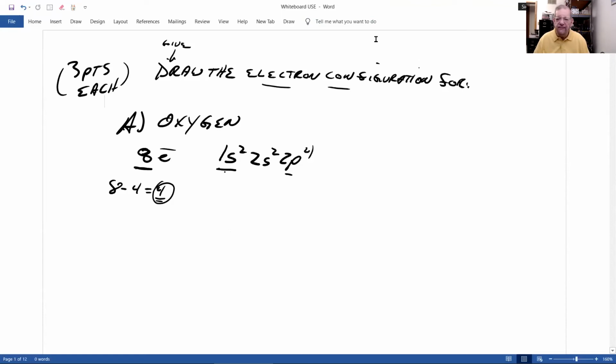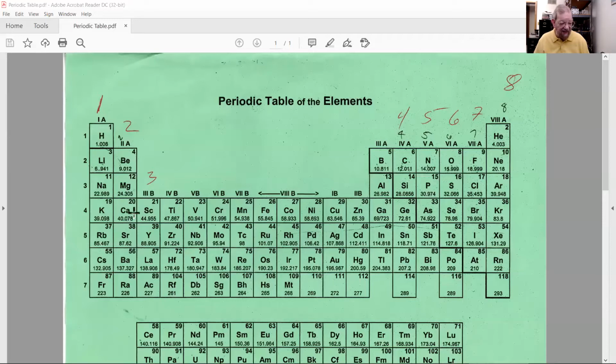Remember, this is a secret. It's my secret gift to you. As I mentioned yesterday, if we look at the periodic table, which I have on the screen, I will only hold you responsible for the elements 1 through 20, hydrogen through calcium, for electron configuration.